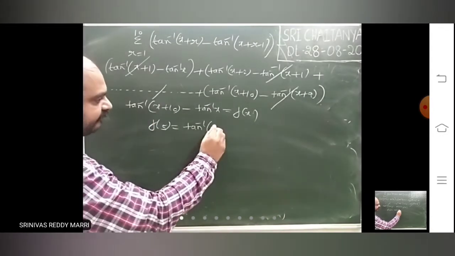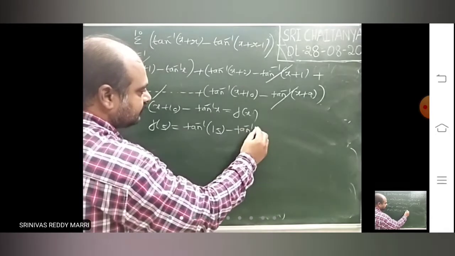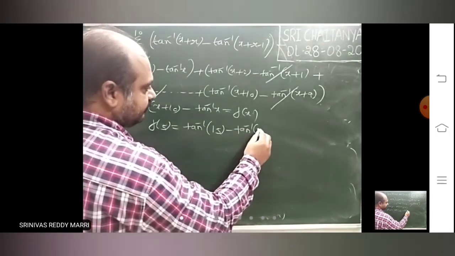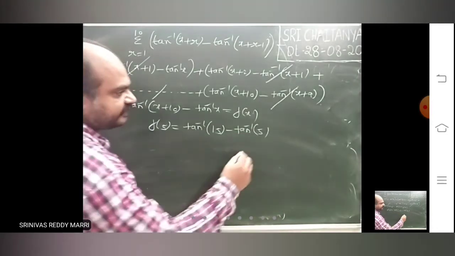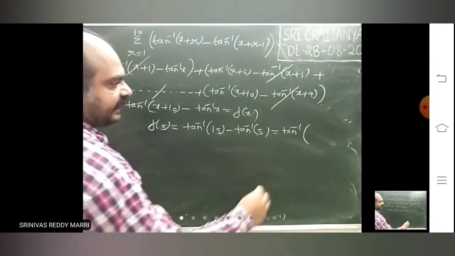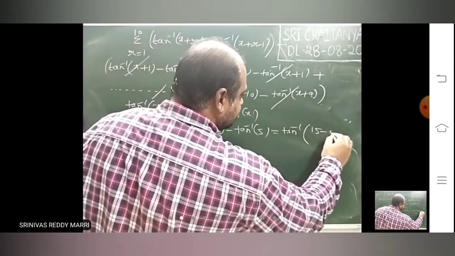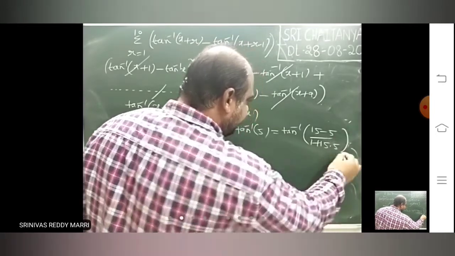Tan inverse of 10 plus 5, which is 15, minus tan inverse 5. So again, tan inverse x minus tan inverse y is tan inverse of x minus y divided by 1 plus x into y.